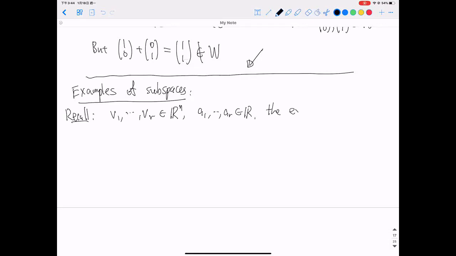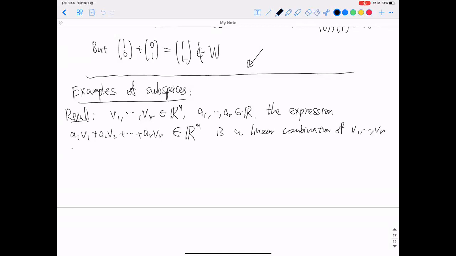The expression a1 v1 plus a2 v2 plus ar vr, which by construction sits inside Rn, is a linear combination of the vectors v1 through vr with coefficients being these a's, a1, a2 through ar.